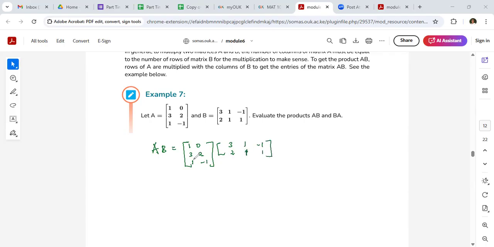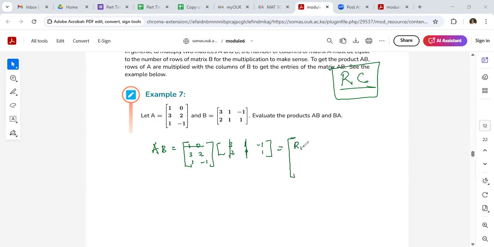So then we are multiplying now. Remember we said you multiply row by column. That's the rule of matrix multiplication. So I'll take row 1, multiply by column 1. I'll take row 1, multiply by column 2. I'll take row 1, multiply by column 3. And that would give me the entries.